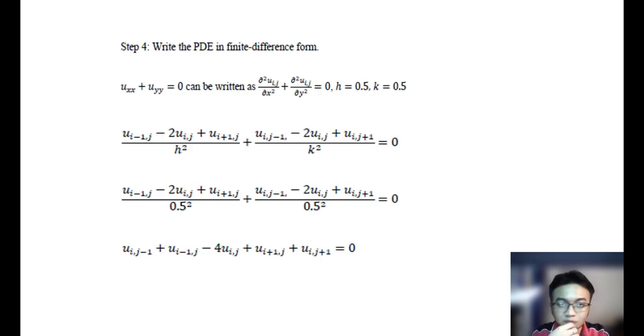Then step number 4 is to write the PDE in finite difference form. This formula is the finite difference formula for the Laplace equation. It is given that h equals 0.5 and k equals 0.5, so it will be summarized into the very last equation.